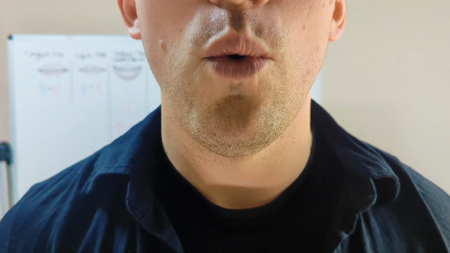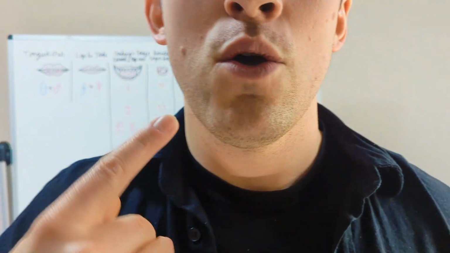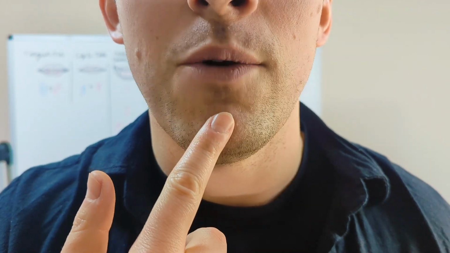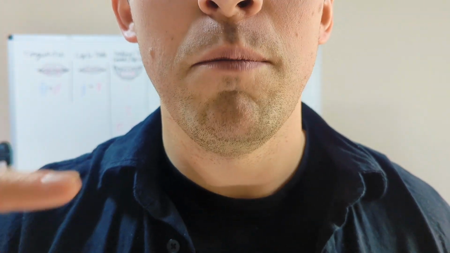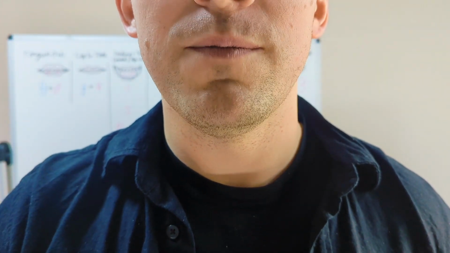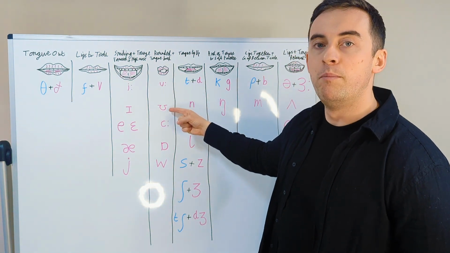If it sounds like ooh, then you're too low, and you want the tongue a bit higher. Ooh. Then if I bring it all a bit lower, ooh, food, foot, book, boot, book.